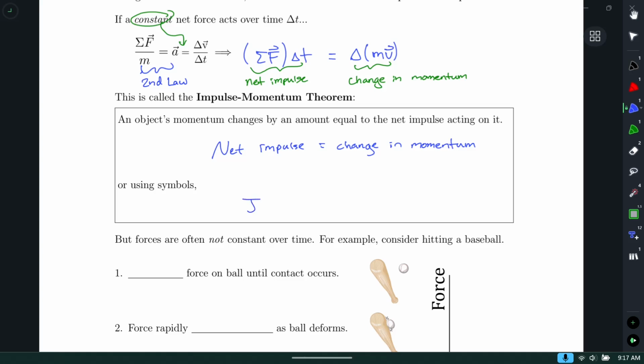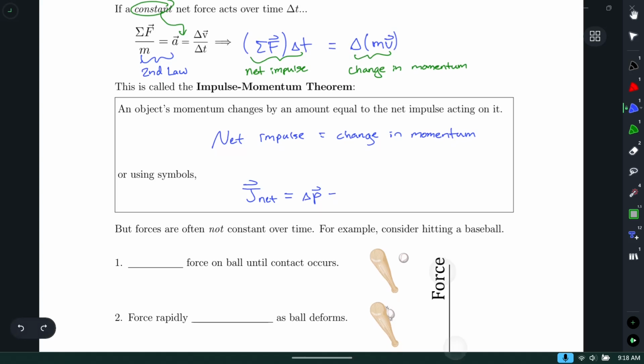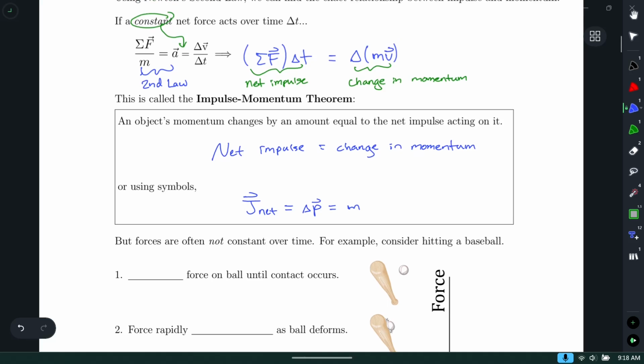All right, so in symbols, we use J for impulse. That truly is just we're out of letters. I don't think there's a reason for it other than that. J equals change in momentum, and change in momentum we can write as final momentum minus initial momentum.